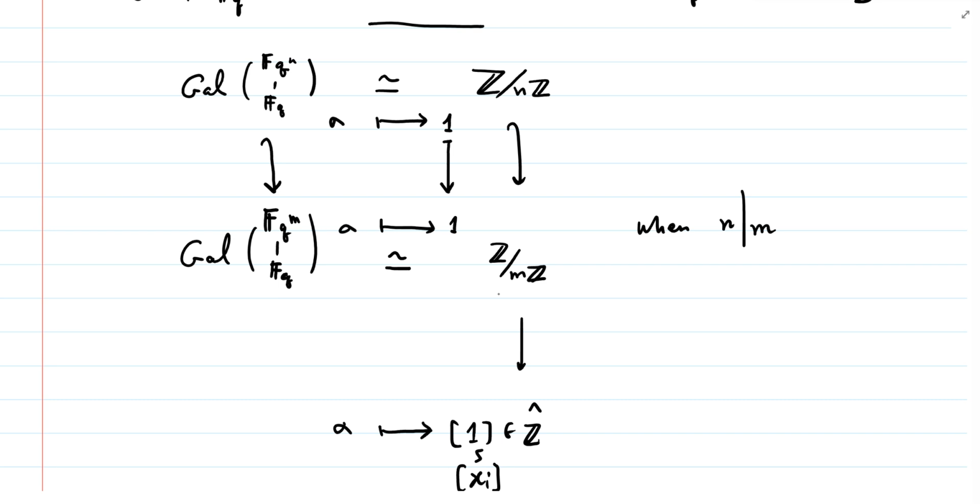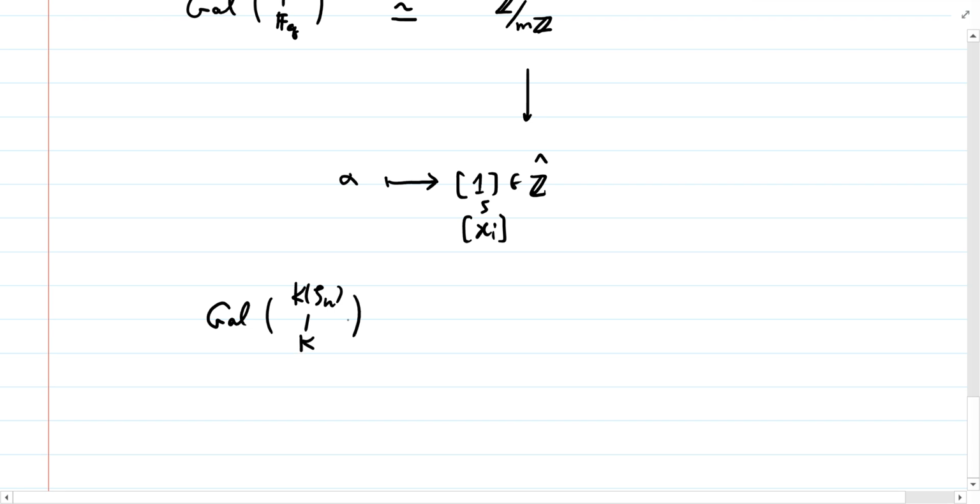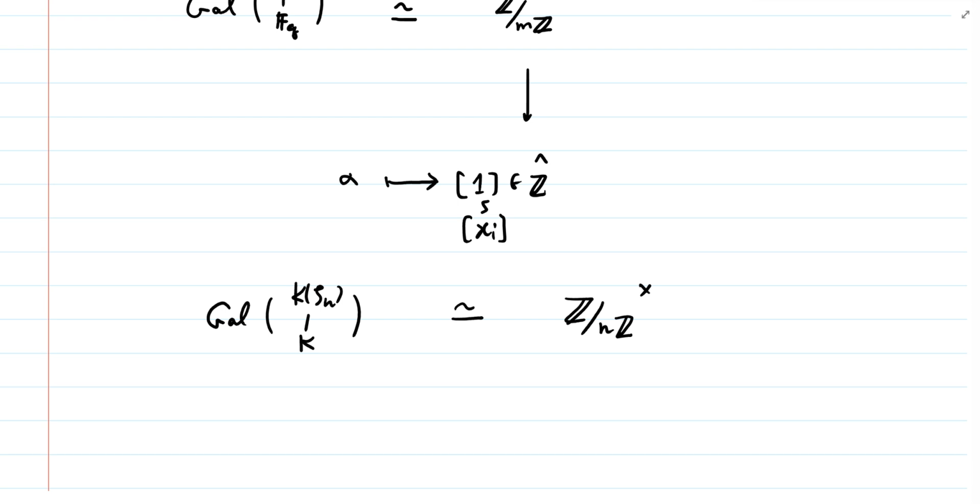Some other examples we have, for example, adjoining an nth root of unity, where zeta_n is an nth root of unity.